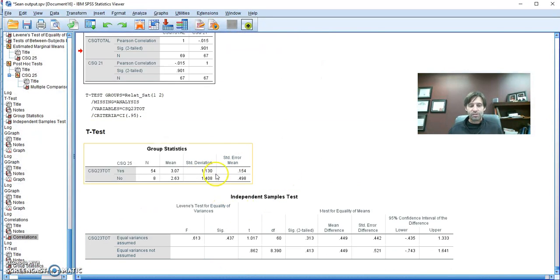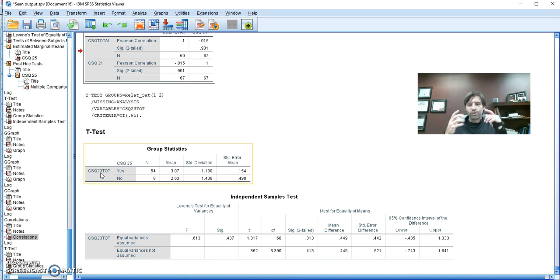So we had a t-test here where we looked at a couple of questions. CSQ25 talked about whether you were satisfied with your relationship or not. So we had 54 yeses, 8 nos in this sample. And then we also looked at the CSQ23, which was the number of ways that people communicate with each other.